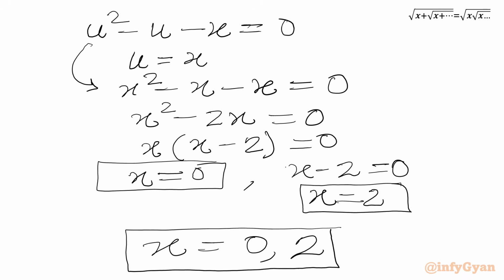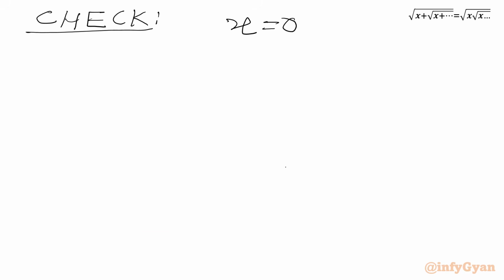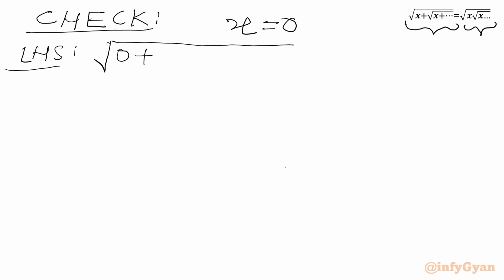Now we are going to check both the solutions. So if I will write here check x equal to 0. We have left hand side here. We have right hand side here. So let's begin with LHS. We will directly put x equal to 0. So square root of 0 plus square root of 0 plus square root of 0 plus up to infinity.